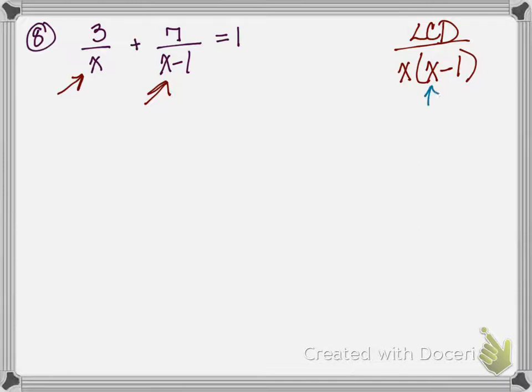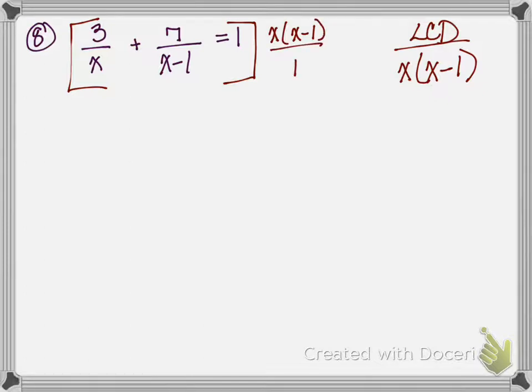This x is not the same thing because x minus 1 is a unit, and you have to treat it as a unit. It stays together. So now I'm going to multiply everything times my LCD, which is x times x minus 1.